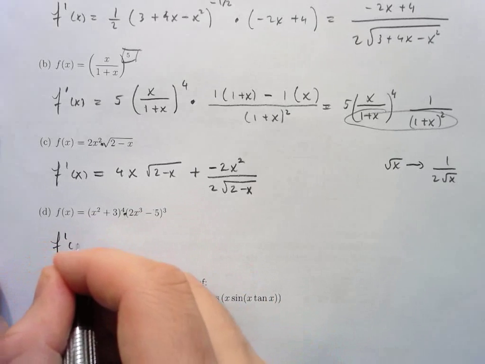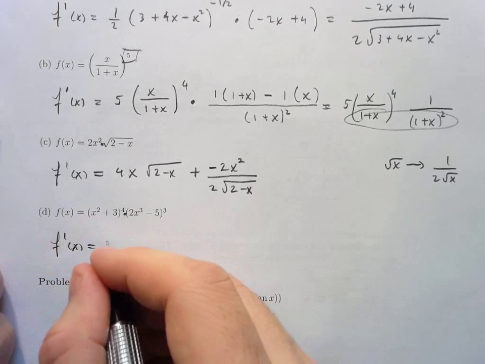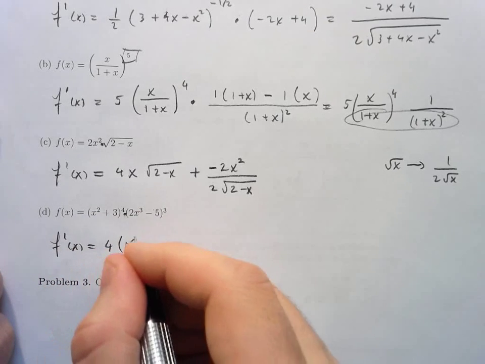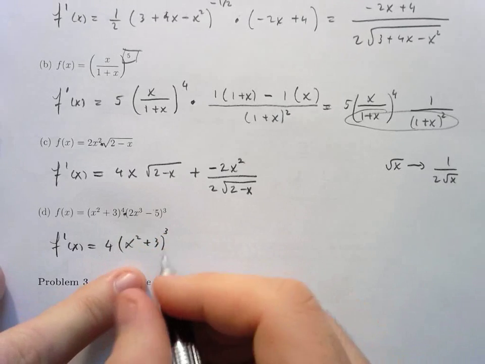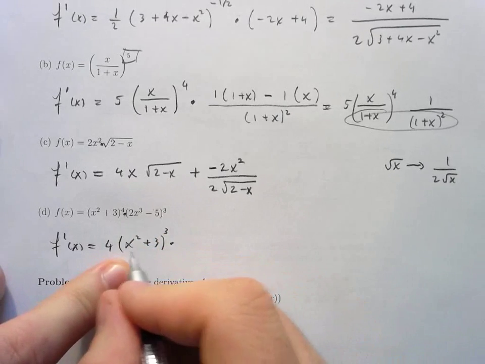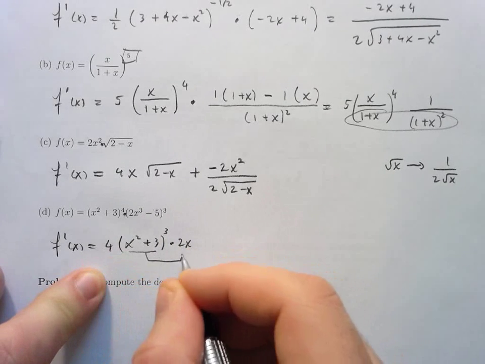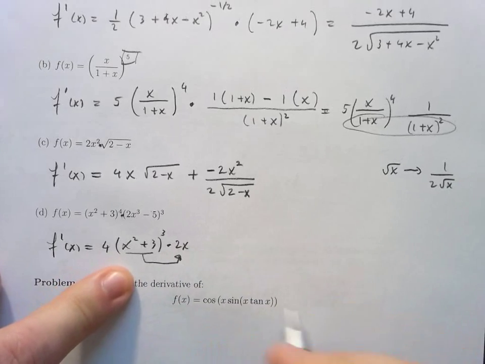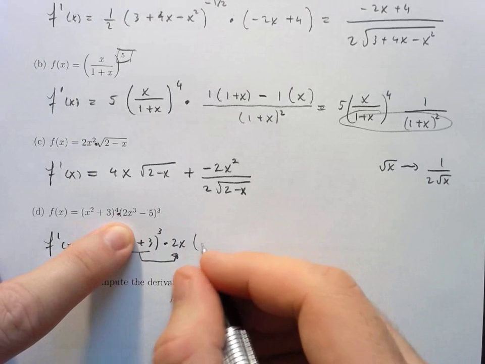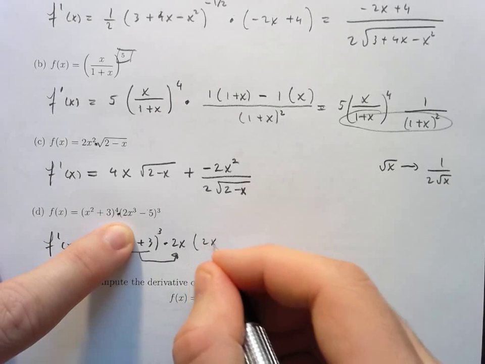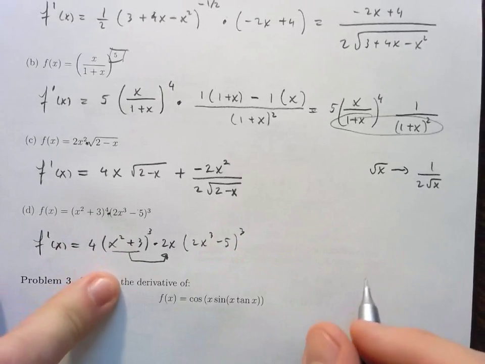So f prime then is going to become the derivative of the first, which is 4 times x squared plus 3 quantity cubed, because I subtract 1 from the exponent, but I also have to apply chain rule here, so times 2x, which is the derivative of the x squared plus 3 part, times the second function unchanged. So that's 2x cubed minus 5 quantity cubed, right?